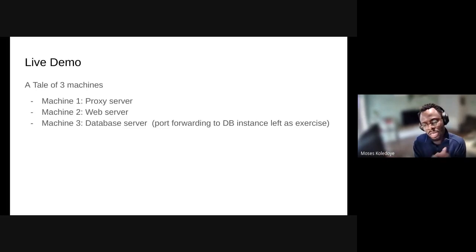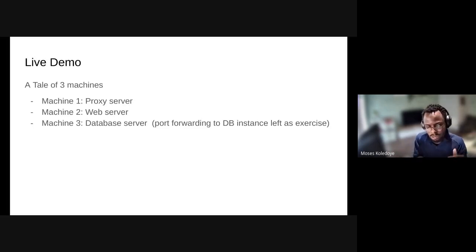So what I'm going to try to do on this call is first set up access to the proxy server. The web server is going to be behind the proxy server, which means I have a reverse proxy, if you're familiar with proxies. So the web server will not have a public IP address, and I will try to SSH into it, just to show how SSH works.